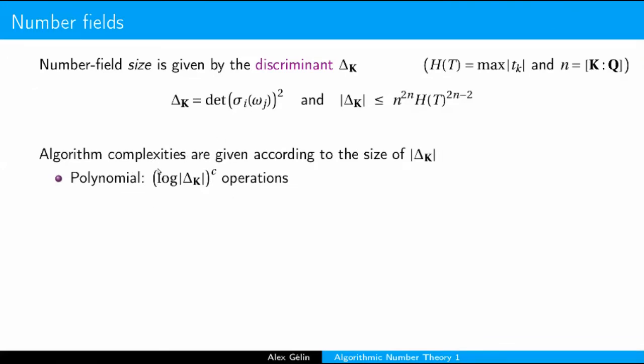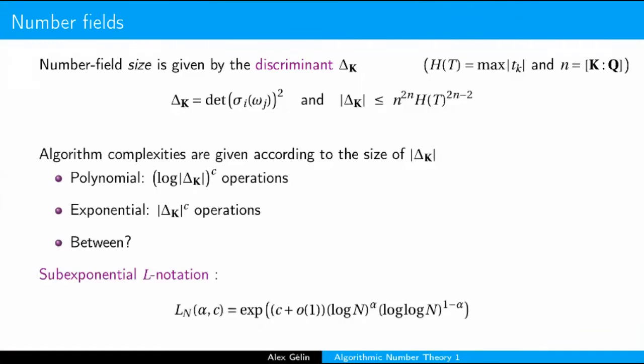So when you have that many operations, you say it's exponential when you have that many operations. And the question is what happens between the two? Because most of the algorithms have polynomial or exponential complexities, but we see that there is something between them.